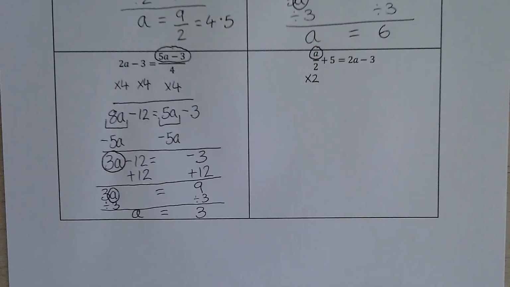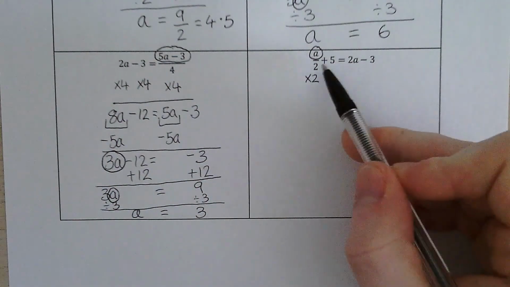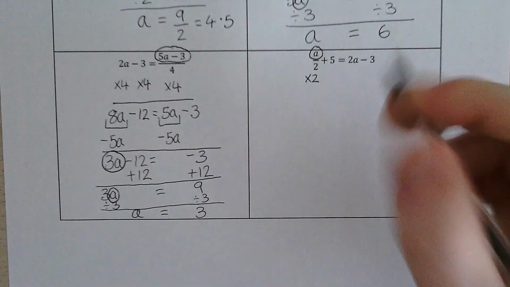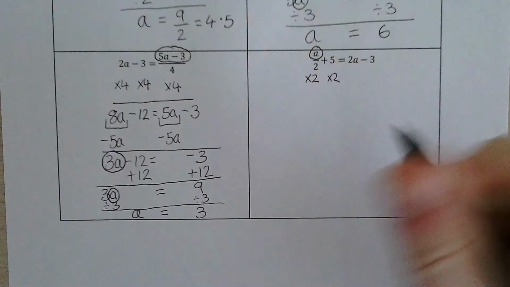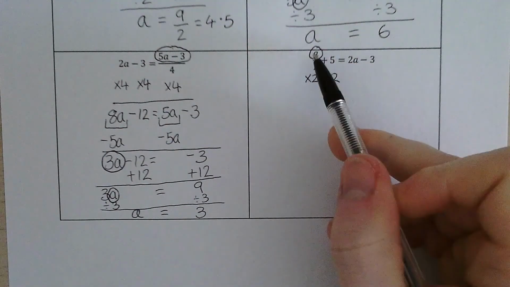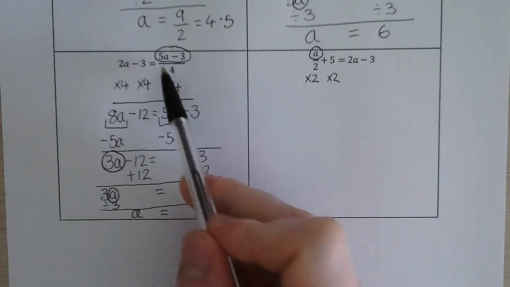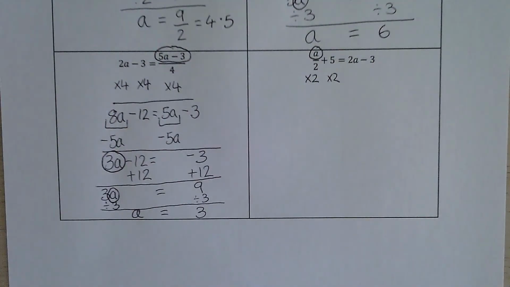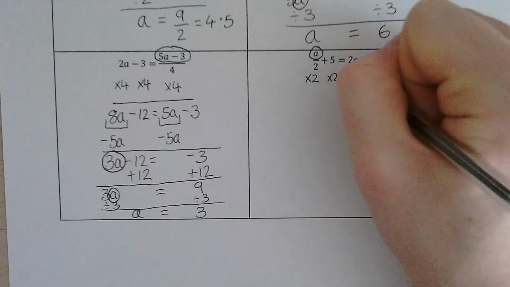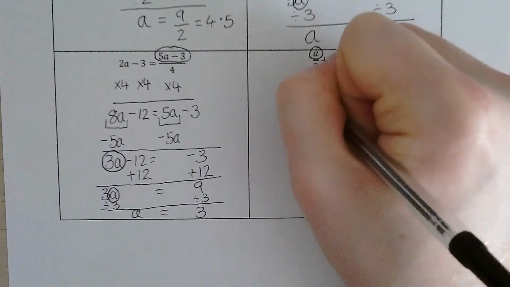Again, because we're multiplying, it's important we multiply every single term by 2. Here, we do need to multiply the add 5 by 2 because it's not within the fraction, so it's not the same rules as the last question. We also need to multiply the 2a and the minus 3 by 2.